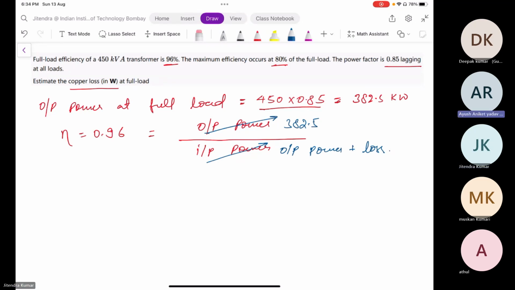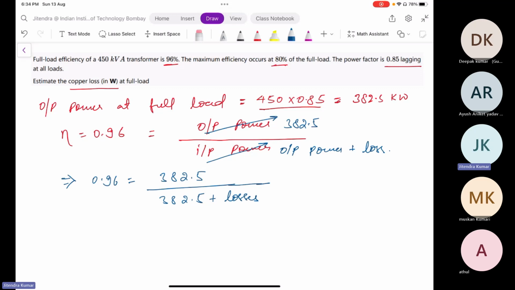Okay. So if we further simplify it, it will be 382.5 divided by 382.5 plus losses. So how much losses will come out?